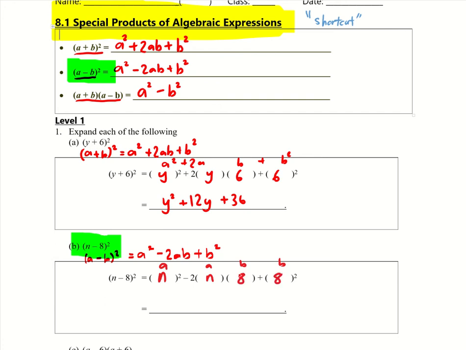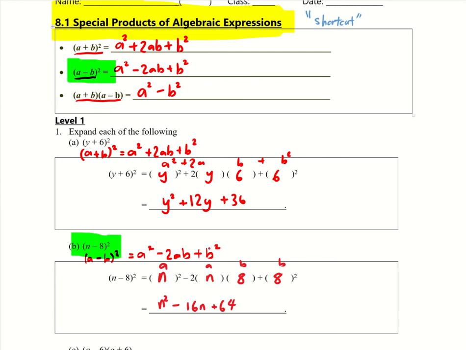I don't have to put the negative sign itself for this expansion. When you're using this shortcut method, these special products, the negative sign has already been accounted for in this negative part here. So let's expand them. I'll have n square minus 2 times 8, so 16n, and 8 square is simply 64, and I'm done.